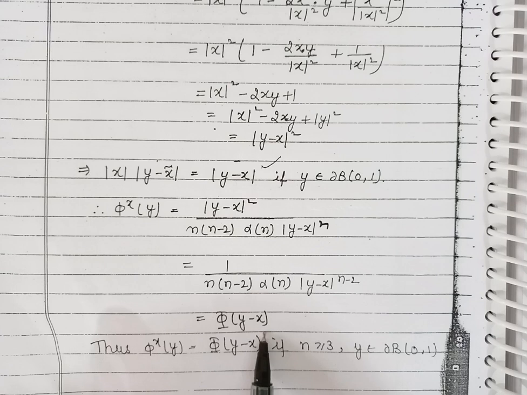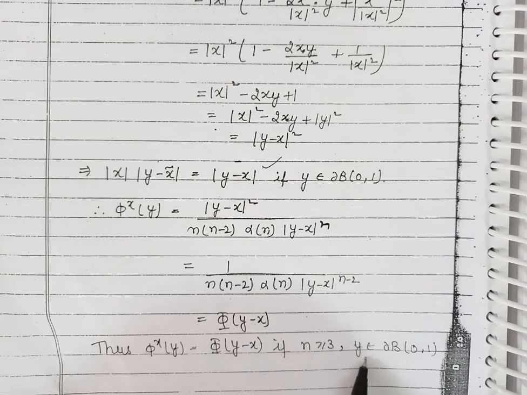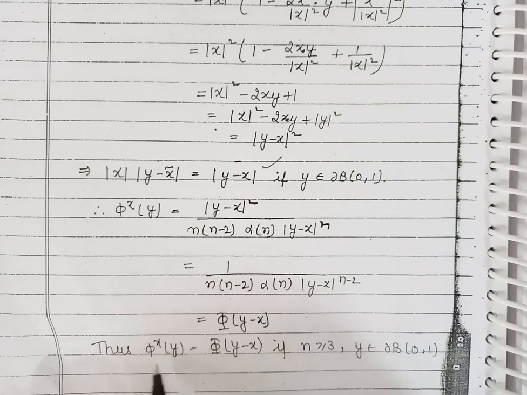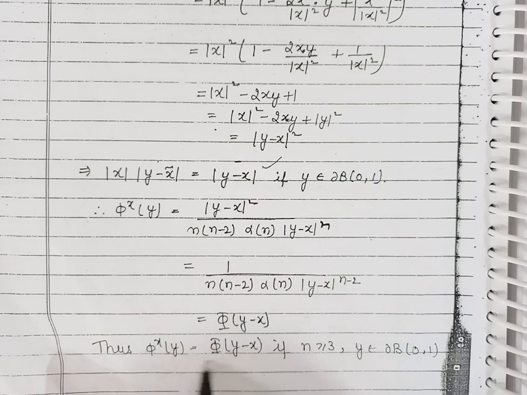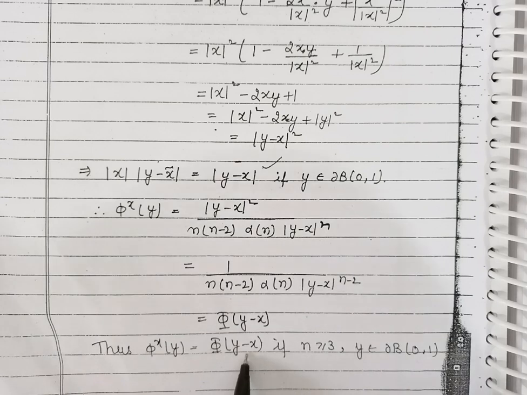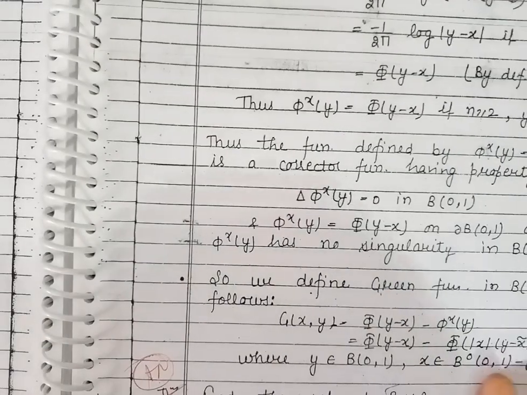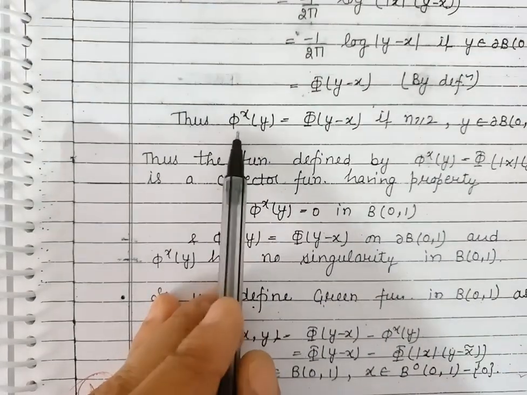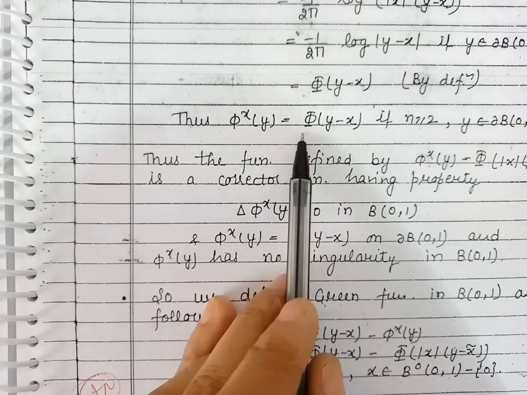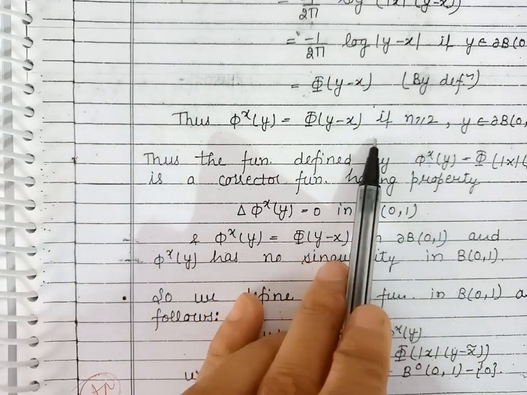So we have proved that if we take y belonging to the boundary of the unit ball, in that case the function φ(|x|(y − x̄)) is φ(y − x). Similarly, in the case when n is 2, we can again prove that the value of this function is φ(y − x).